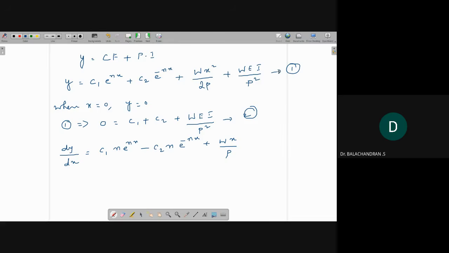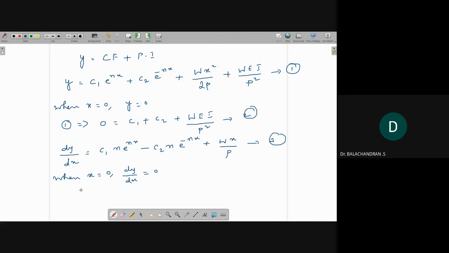This is 0. Now there is one more condition given in the question. When x is equal to 0, dy by dx is equal to 0. So now, if you apply here, this is equation 3.